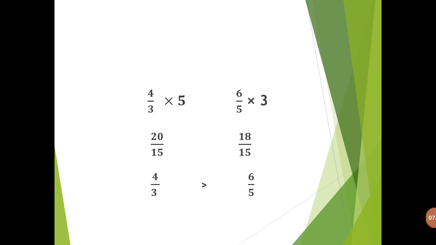Now look at this. 4 upon 3 multiplied by 5 and 6 upon 5 multiplied by 3. Why are we multiplying the first fraction by 5 and the second fraction by 3? Because we have 5 in the second denominator and we have 3 in the first denominator.